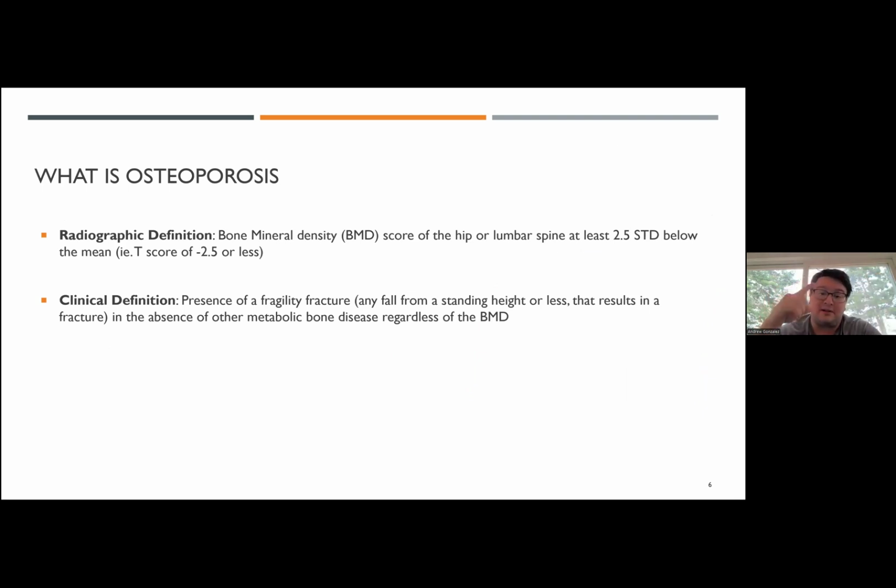But there can also be a clinical definition, notwithstanding even needing that T-score, which is the presence of fragility fracture, meaning a fall from a standing height or less that results in fracture, in the absence of any known other metabolic bone disease, regardless of what their bone mineral density is.